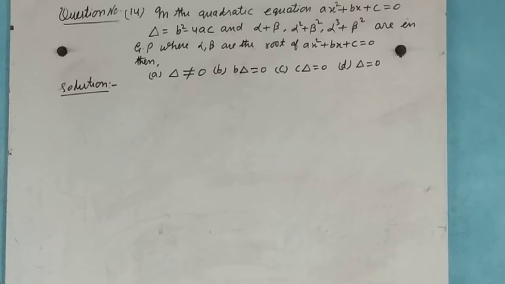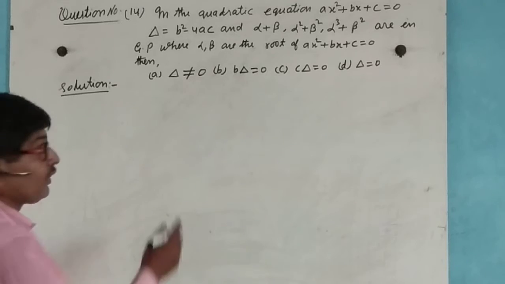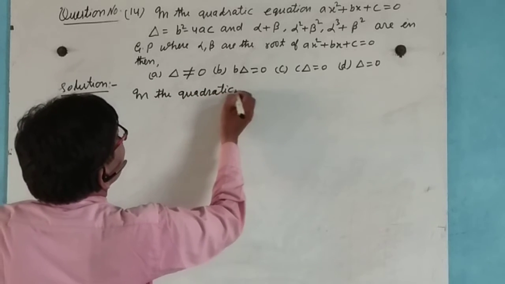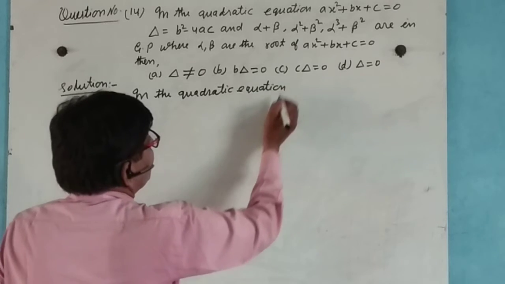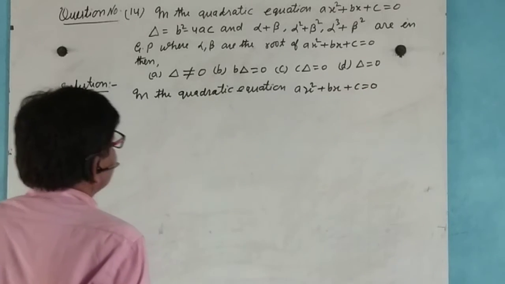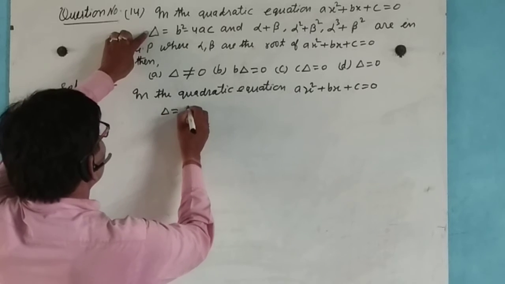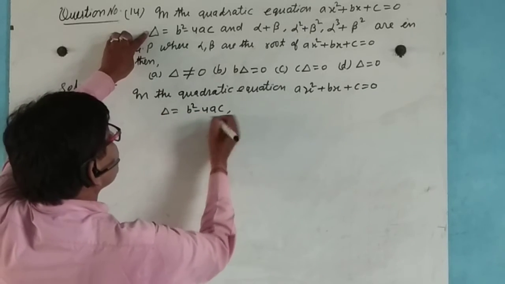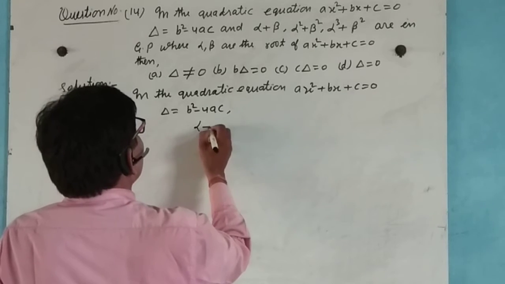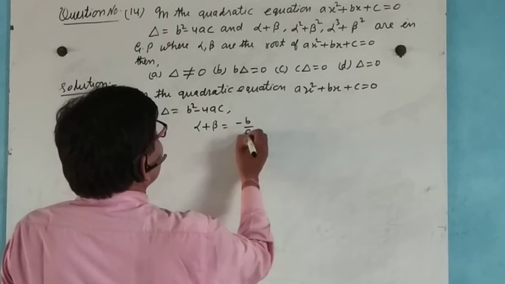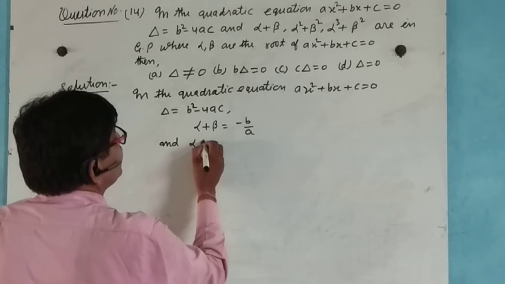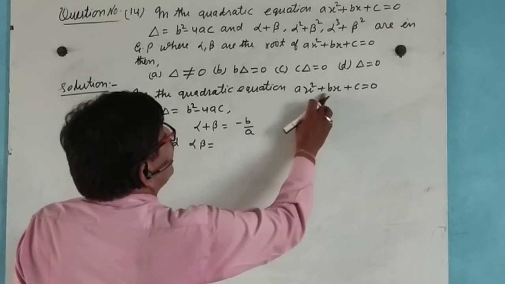Here, in the quadratic equation ax square plus bx plus c equals 0, delta equals b square minus 4ac, and alpha and beta are the roots, so alpha plus beta equals minus b by a and alpha beta equals c by a.